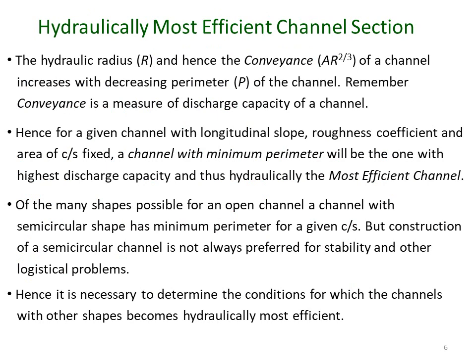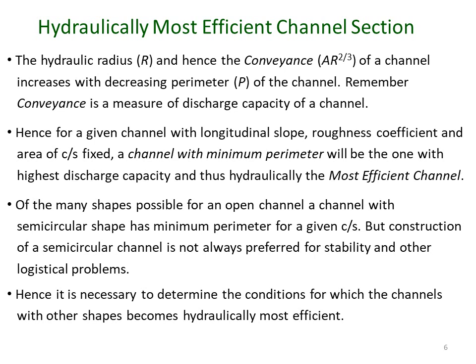Now, from the calculation of normal depth for a few open channel sections, let's move on to one very important concept, that is the hydraulically most efficient channel section. Let's introduce the concept first. The hydraulic radius is, of course, a ratio of the channel cross section and the wetted perimeter of the channel, and hence the conveyance, whose concept has been introduced before.